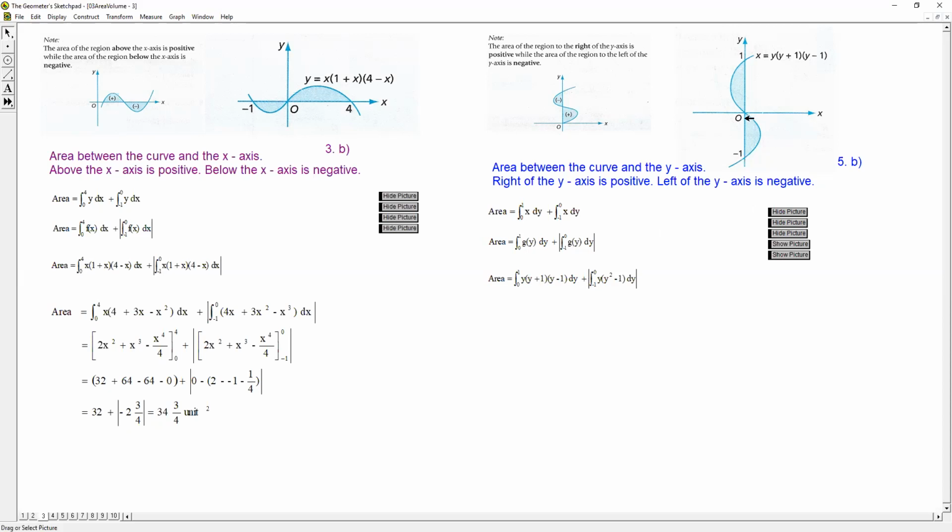Typing mistake. From -1 to 0 is actually positive, so this one needs no modulus sign. This one, from 0 to 1, is negative, so you need the modulus sign. Please take note.